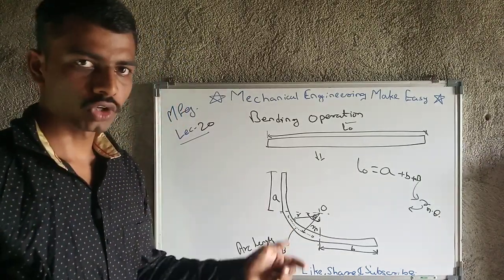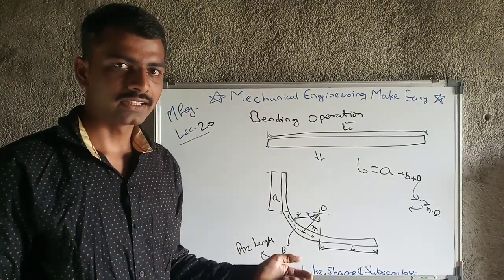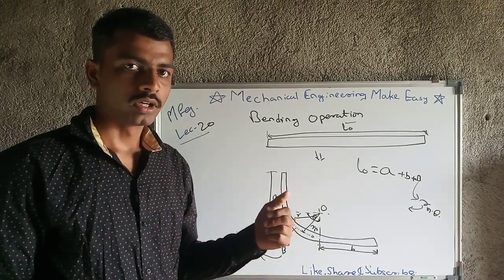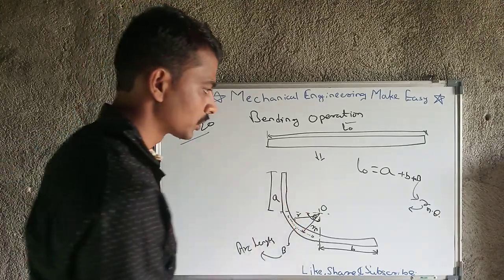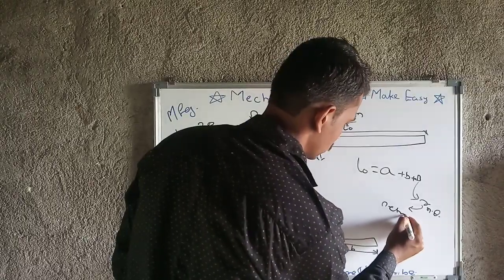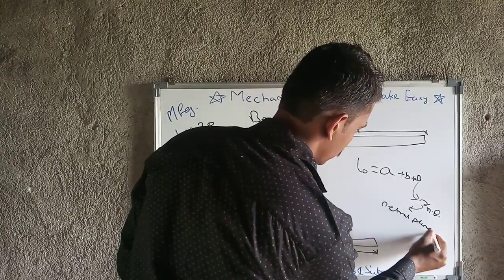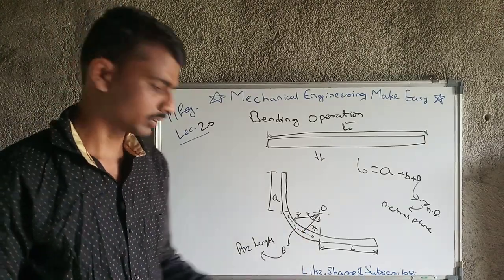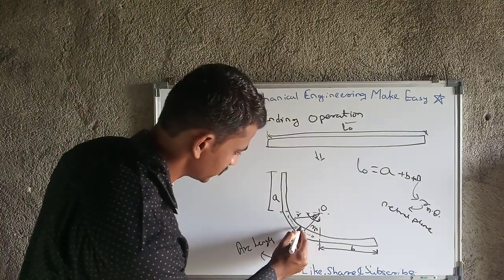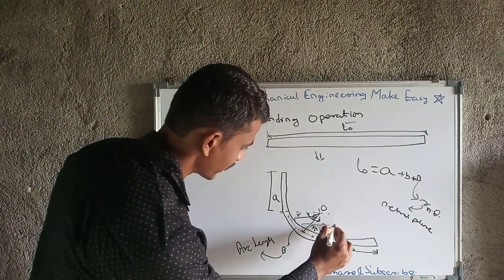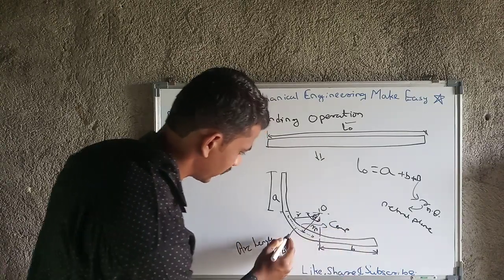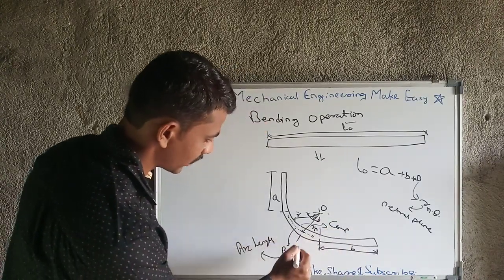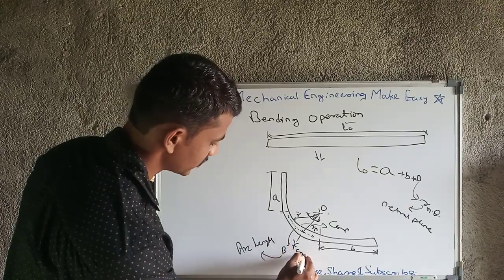Okay, and what is the neutral plane? It means at that plane there will not be any kind of stress. For example, if the plane is shifted inward, it will have compressive stresses, and if the plane is shifted outside, it will have tensile stresses.